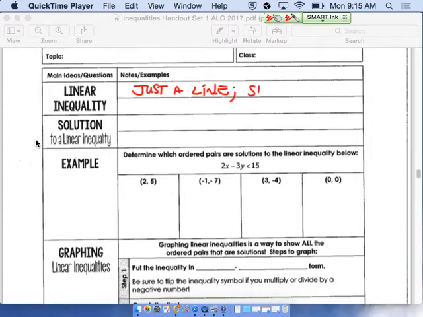but the difference is you're going to shade one half of the plane, either above the line or below the line.